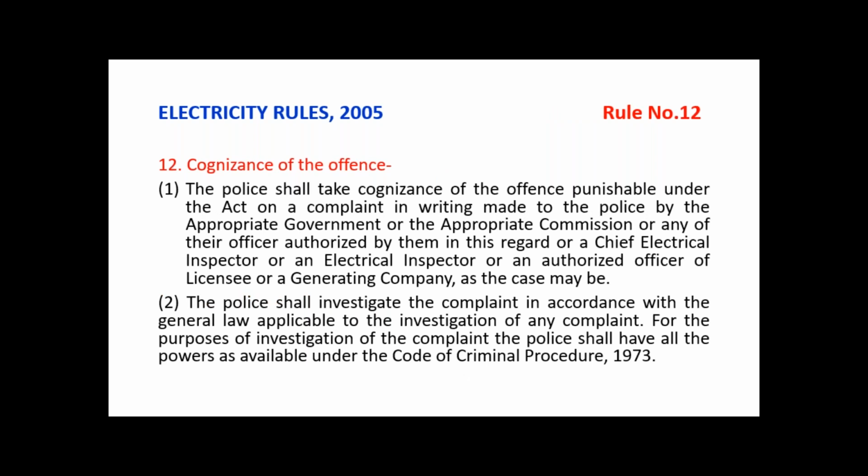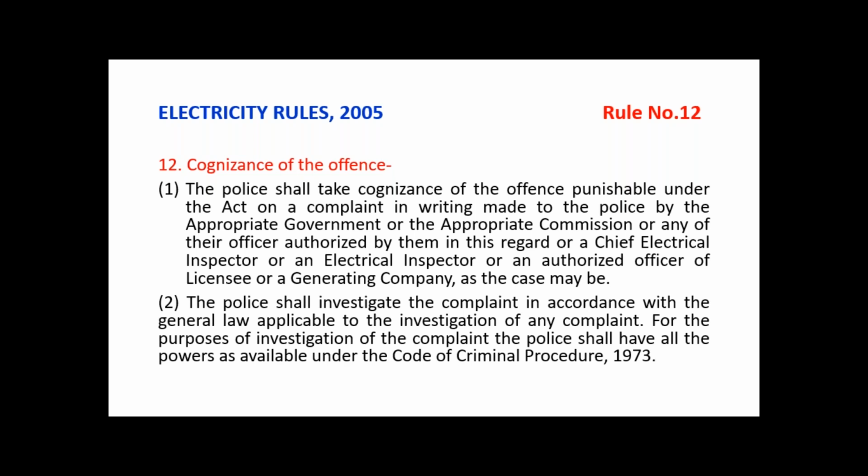Then rule number 12 is related to the cognizance of the offense. Again it is related to the Act only. The police shall take cognizance of the offense punishable under this Act on a complaint in writing made to the police by the appropriate government or appropriate commission or any of their officers authorized in this regard, or a chief electrical inspector or an electrical inspector or an authorized officer of a licensee or a generating company, as the case may be.